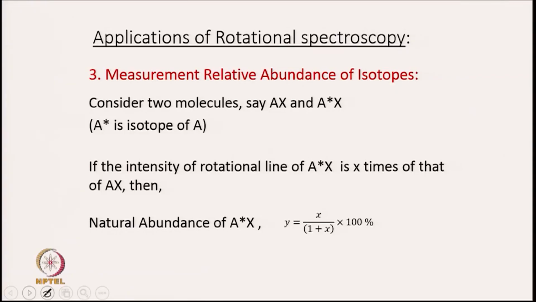Suppose there are two molecules in a sample, AX and A star X, where A star is an isotope of A, and if we see the spectra of this sample and find that the intensity of rotational lines of A star X is x times that of AX, then we can calculate the natural abundance of A star X, and that is given by this equation, y is equal to x divided by 1 plus x into 100%.